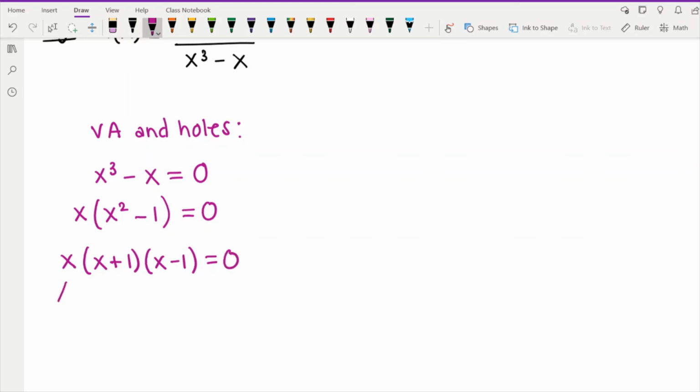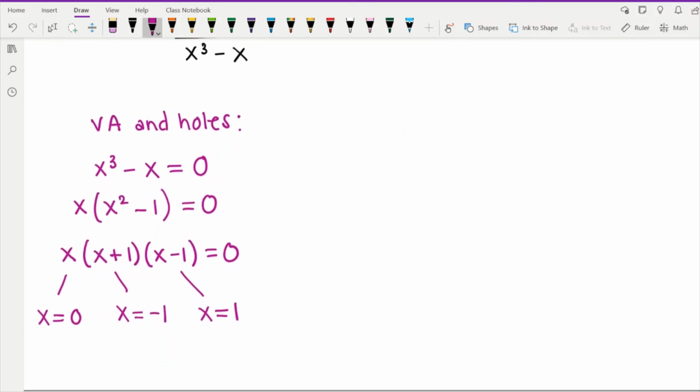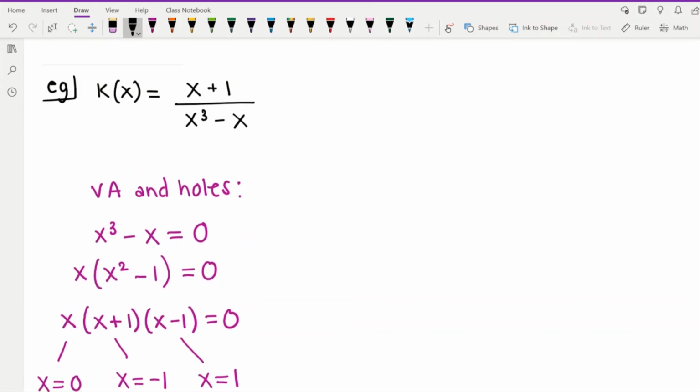And so this tells us that we have 3 places where the function is undefined. So there's either going to be a hole or a vertical asymptote at each of these values, 0, -1, and 1. Okay, so now we just need to see which of them are holes and which one of them are vertical asymptotes. So let's go through kind of this simplification process. So this can be written as x plus 1 times x minus 1 times x plus 1. So we can already see that the x plus 1, that's the one that's a common factor in the numerator and the denominator, right?